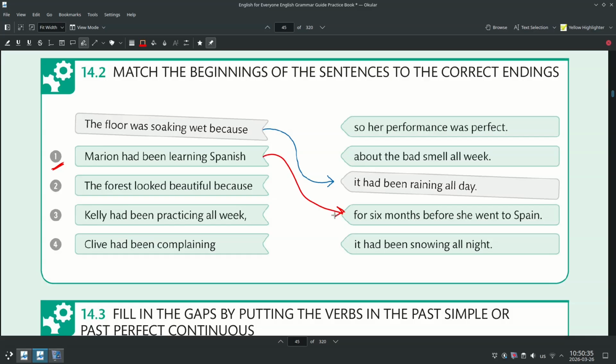The forest looked beautiful because it had been snowing all night. Number 3. Kelly had been practicing all week, so her performance was perfect. Clive had been complaining about the bad smell all week.